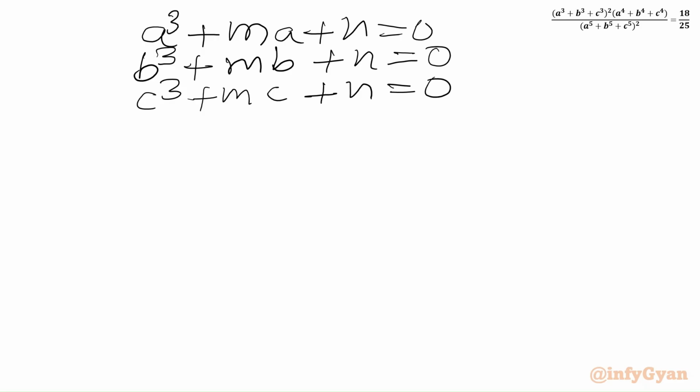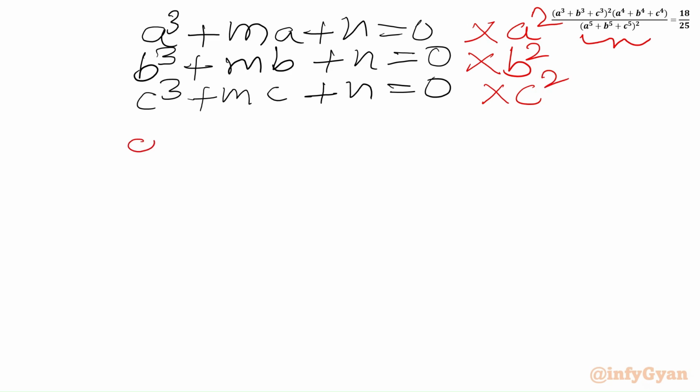Now first equation will multiply by a square as we are calculating a power 5 plus b power 5 plus c power 5. This will multiply by b square. Third one will multiply by c square.